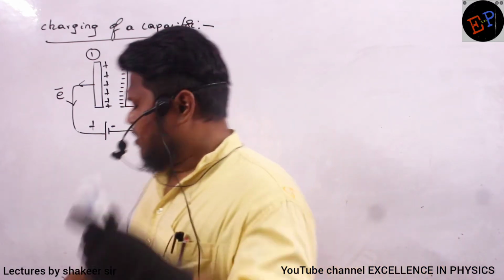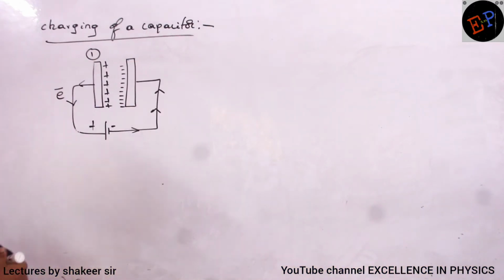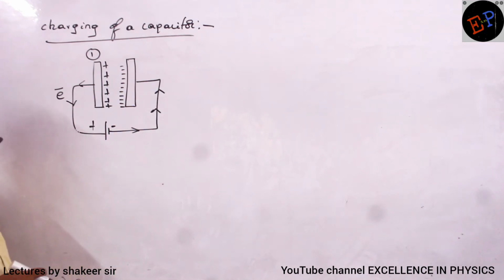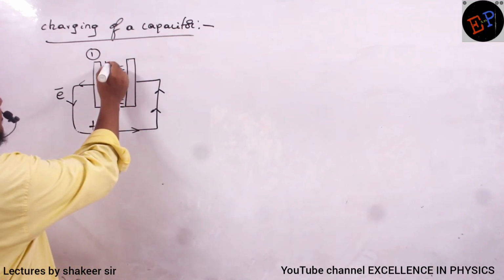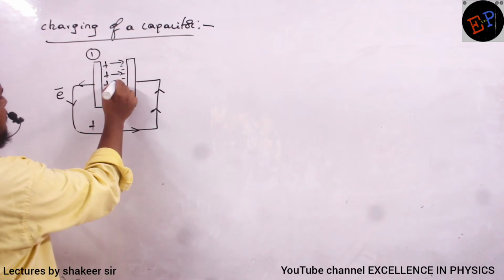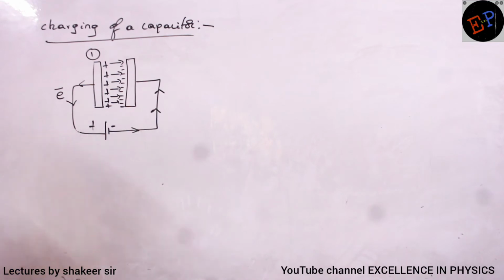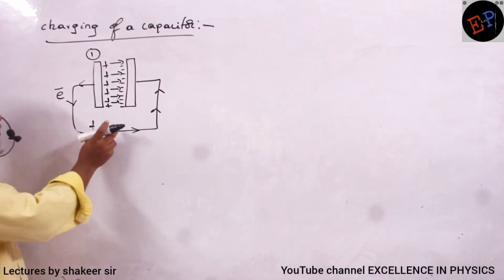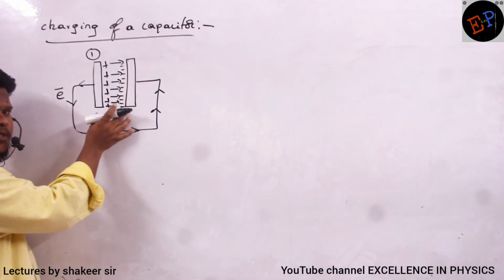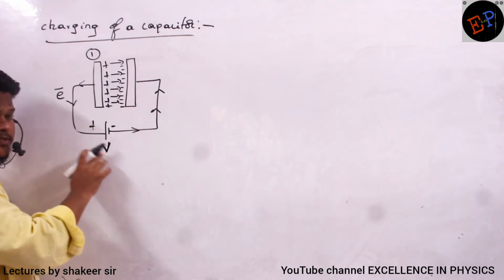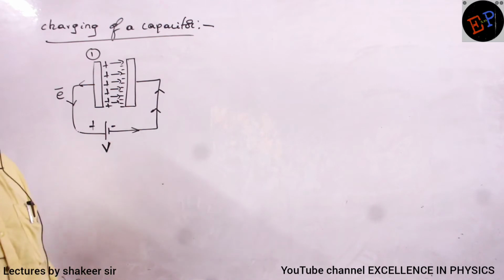If this is what is happening, now can you say what is the direction of potential which has developed? This is the direction of the electric field which has developed. Until the potential between the plates reaches the potential of the battery, this transfer of charges will happen continuously.